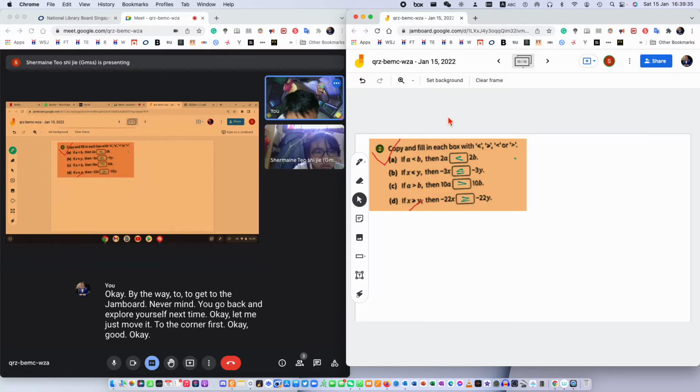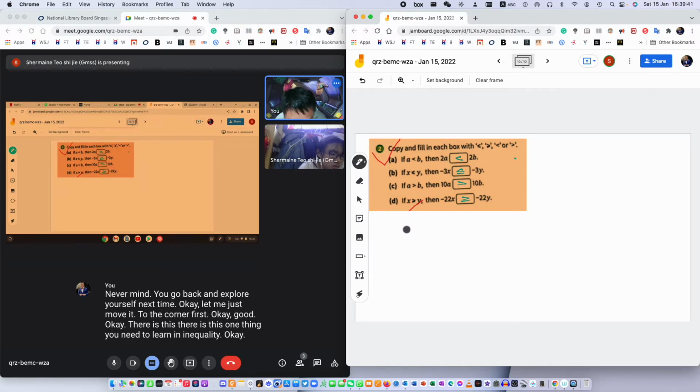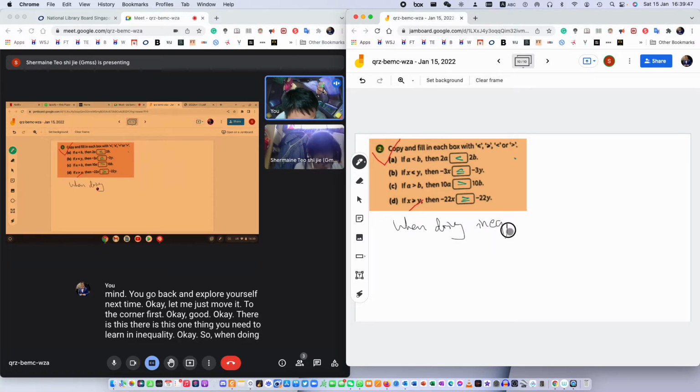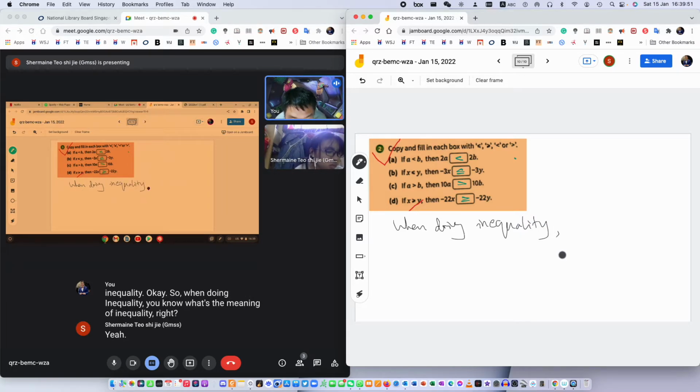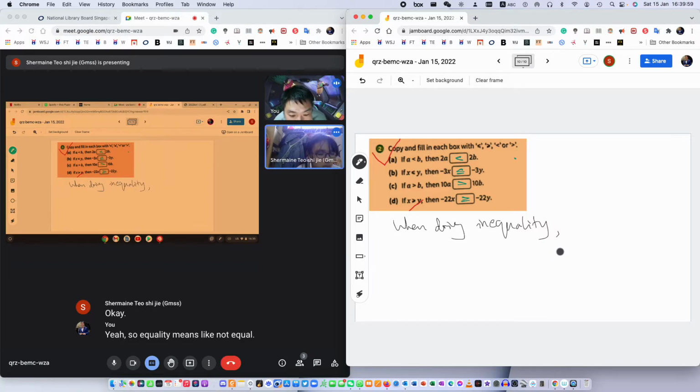Okay, there is this one thing you need to learn in inequality. When doing inequality, you know what the meaning of inequality is, right? You are rich, I'm poor, so this is inequality. Yeah, inequality means not equal, unfair.